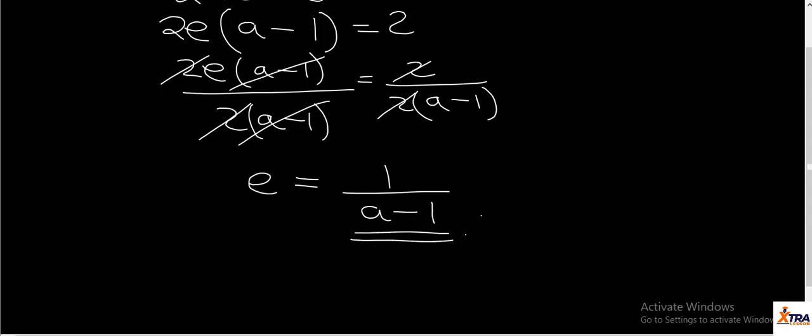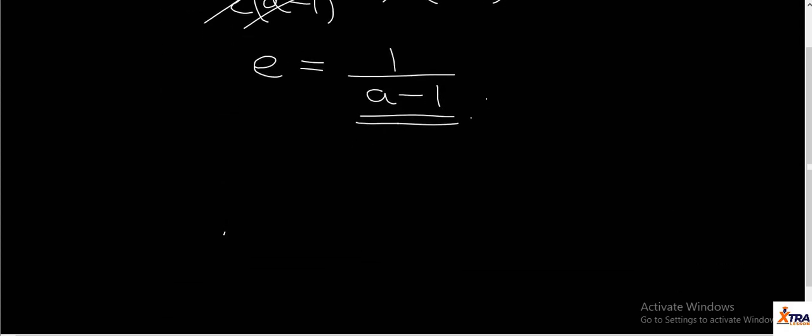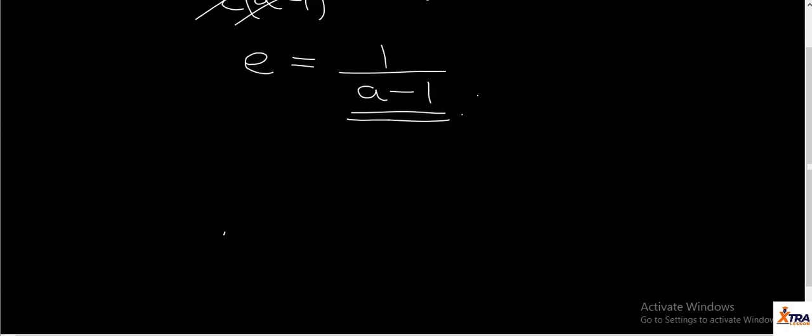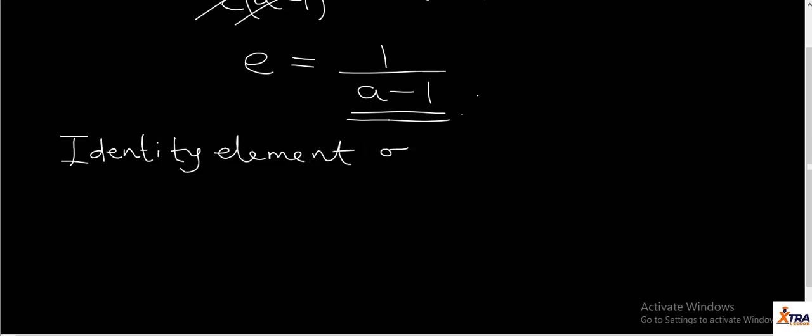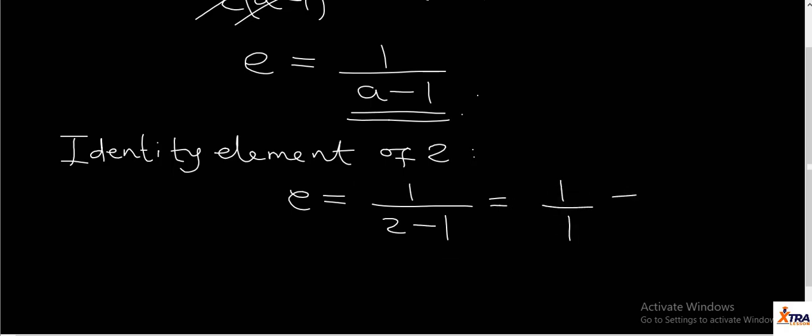But in this case, we are not just asked to find the identity element, we are asked to find the identity element of 2. That means after getting our expression, we substitute 2 for our variable. Identity element of 2 will now be E equals 2 over 2 times 2 minus 1, which gives us a final value of 1. So this will be our identity element of 2.